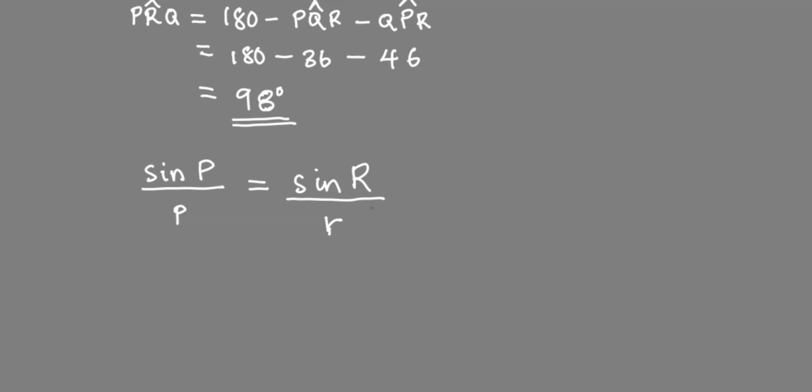Sometimes it's a bit better, if you are finding a side, to put these small or lowercase letters on top. What I mean is, instead of writing it like this, you can write it as p over sine p is equal to r over sine r.